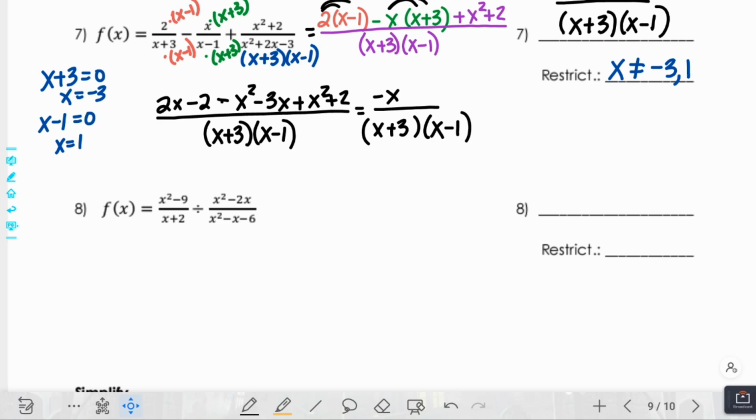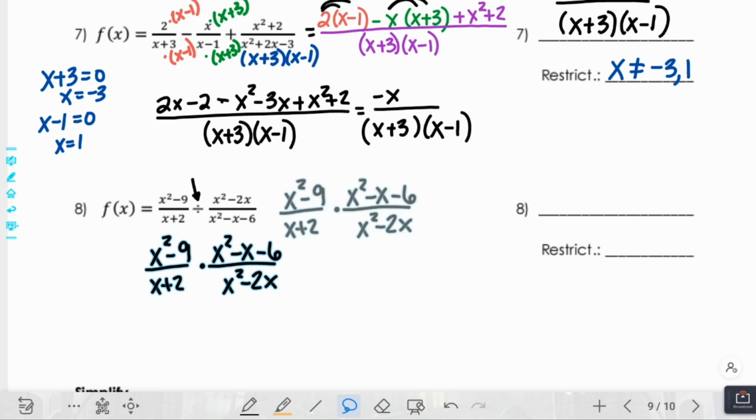But notice that this is division. So your actual problem is going to be x squared minus 9 over x plus 2 times x squared minus x minus 6 all over x squared minus 2x. So that's what that turns into.